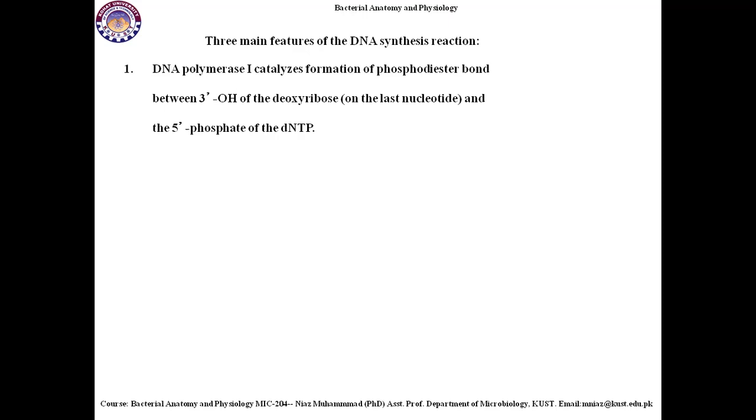So the dNTP, deoxyribonucleotide triphosphate, has a 5' end available for binding, and this 5' end of the dNTP will bind with the 3' hydroxyl group of the existing or last nucleotide of the synthesizing daughter DNA.